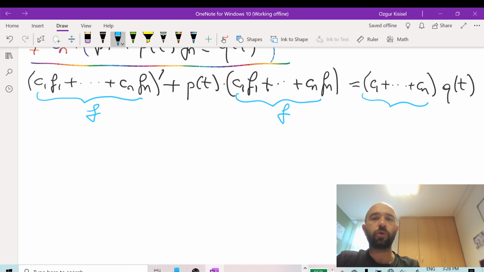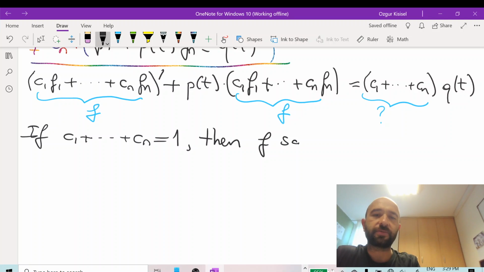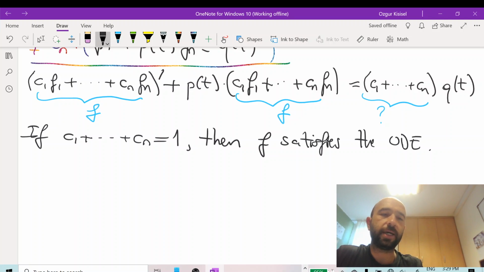So if the sum of these constants is equal to 1, then f satisfies the equation. And this is exactly the statement that affine linear combinations, remember that this condition was for being an affine linear combination, is a solution of the ODE. So we proved the first half of the theorem.